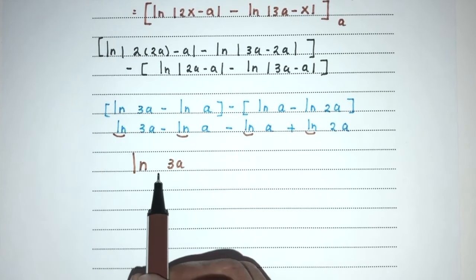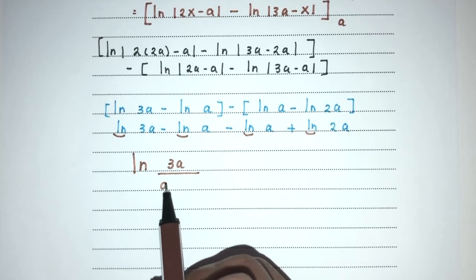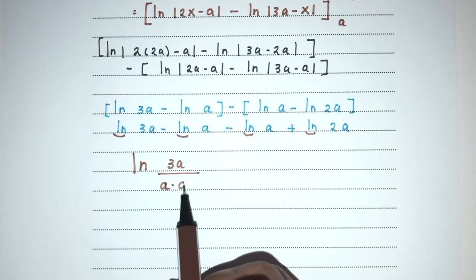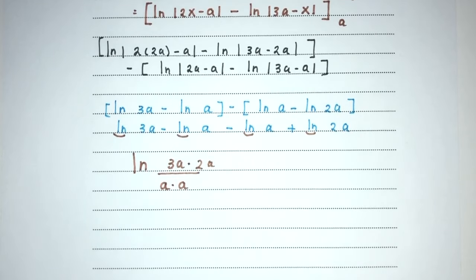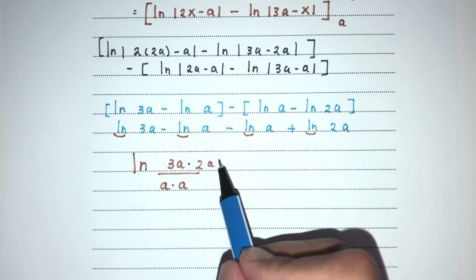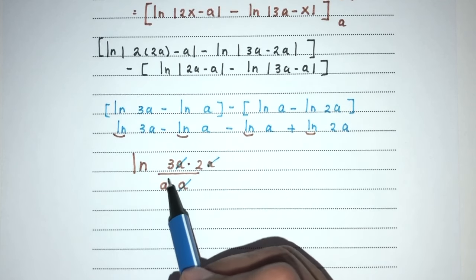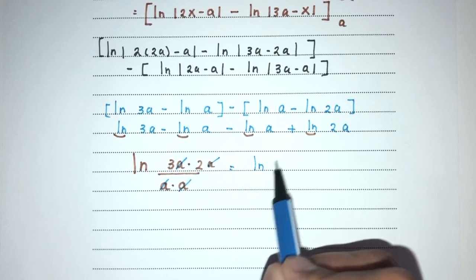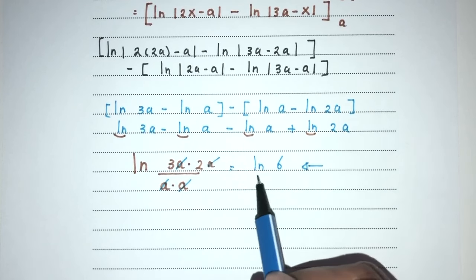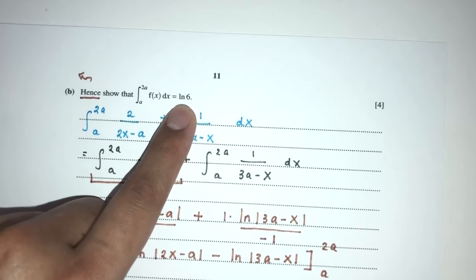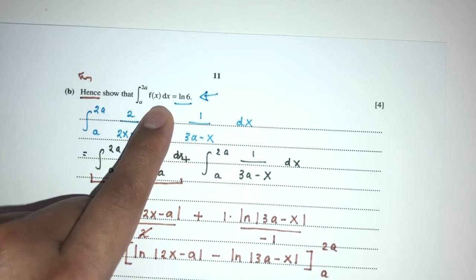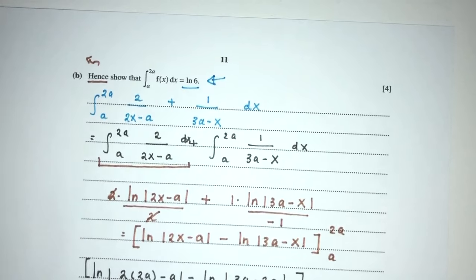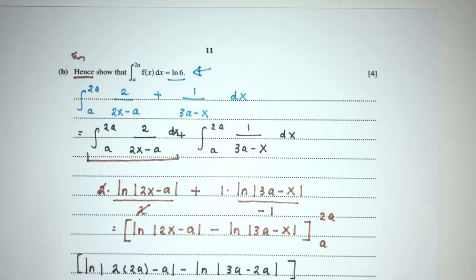We have minus, you will go divide a, minus, divide a again, plus, we can multiply by 2a. So that will give you what? Let's see. That will give you the value of, cancel out here. And this will give you ln of 6. And this is exactly shown as required. So that's the main thing. Step by step, we have to show exactly what is required by the question. And that is your question number 6.